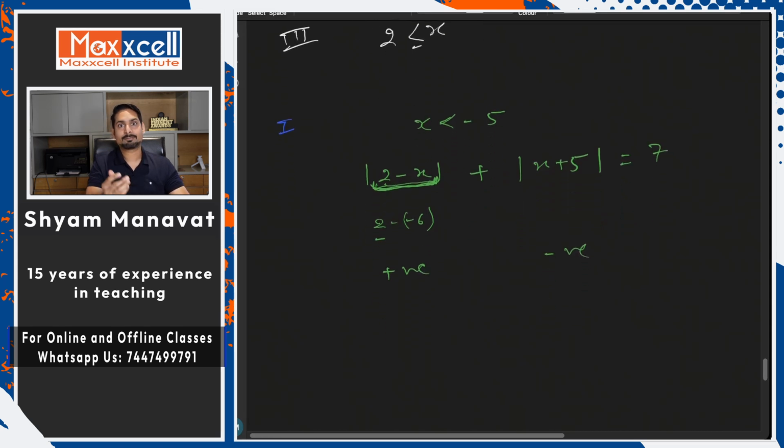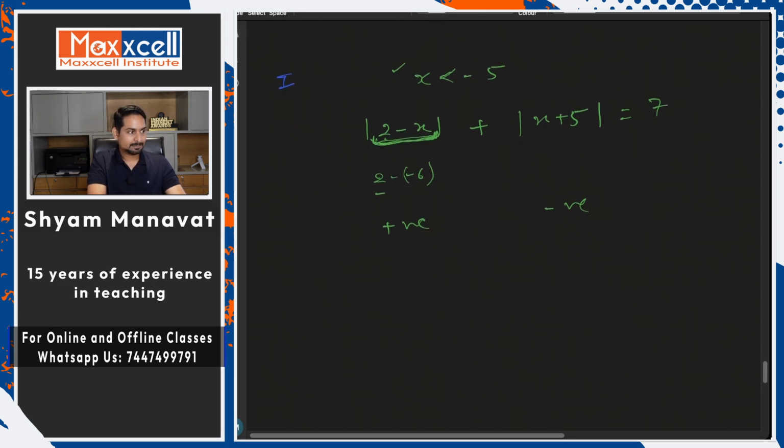So you don't have to remember left and right, you can directly take some random value of x and identify. It means if you remove the modulus sign, the first term should be positive and the second term should be negative. Simplify this: I get 2 minus x minus x minus 5 equal to 7.